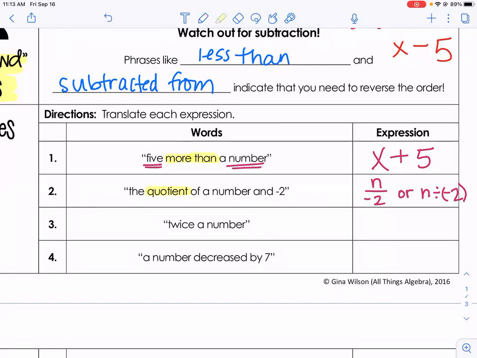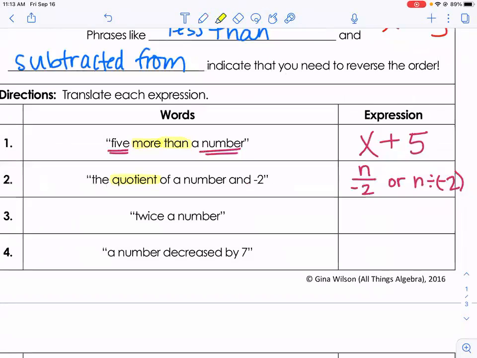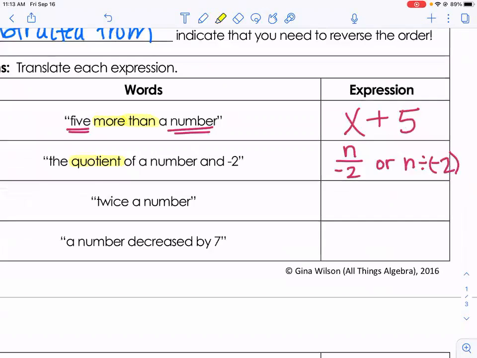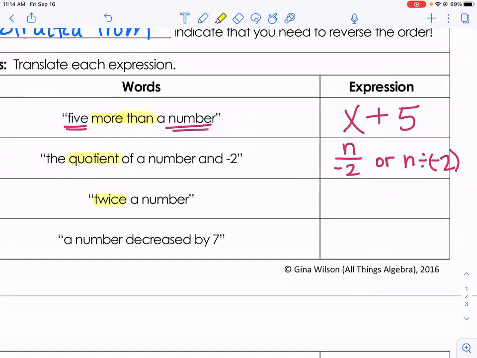Okay. All right, Brady, which word do we need to pick out in number 3? Twice. And twice is telling us what operation, Brilliant? Multiply. Okay, twice a number means we're doubling some sort of number. H for homage.